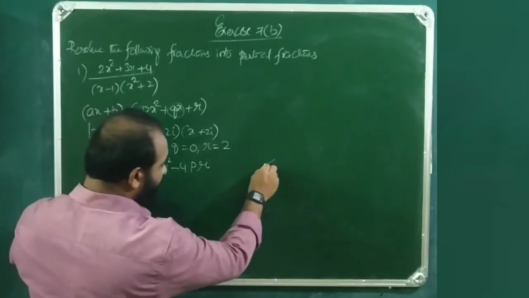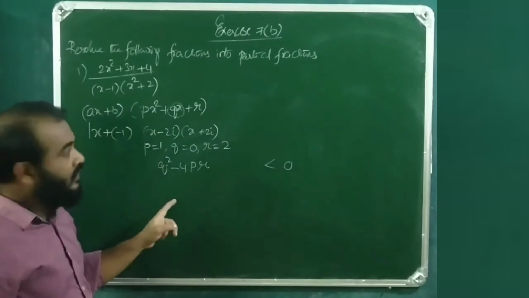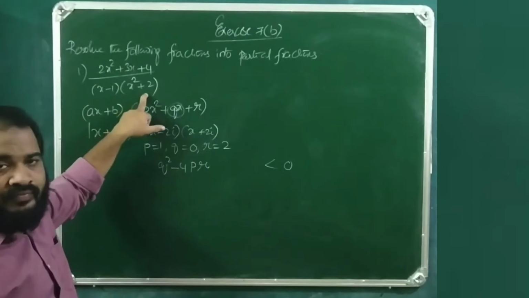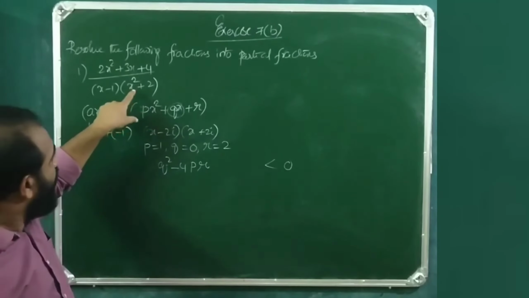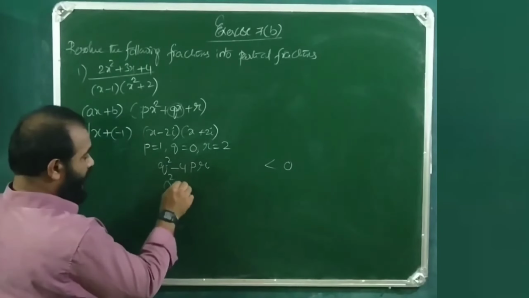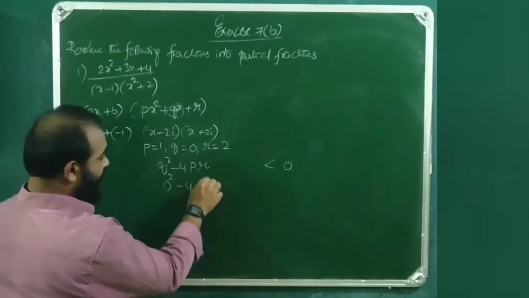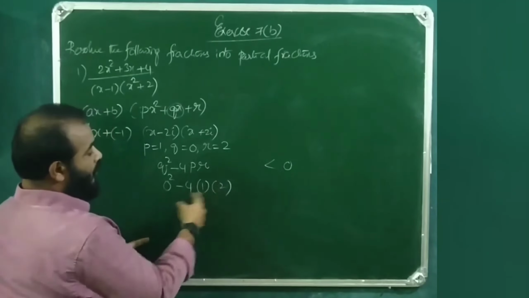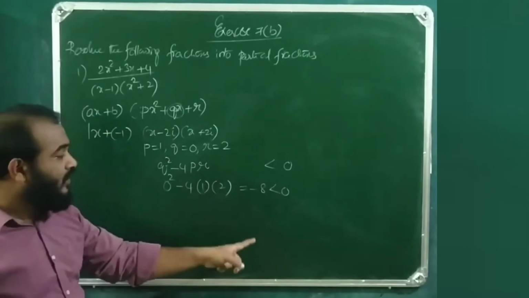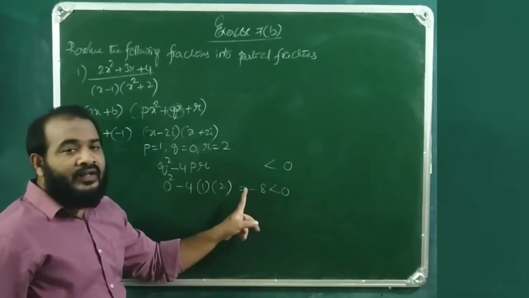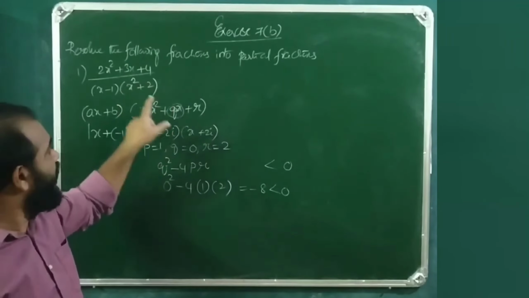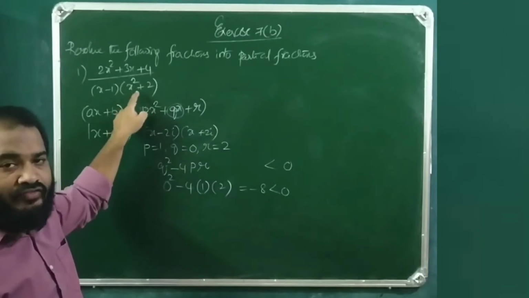If we get less than 0, then it won't have real roots. So let us see: 0 square minus 4 into 1 into 2, so minus 8, which is less than 0. Since the discriminant is less than 0, we cannot get real roots for this quadratic factor.